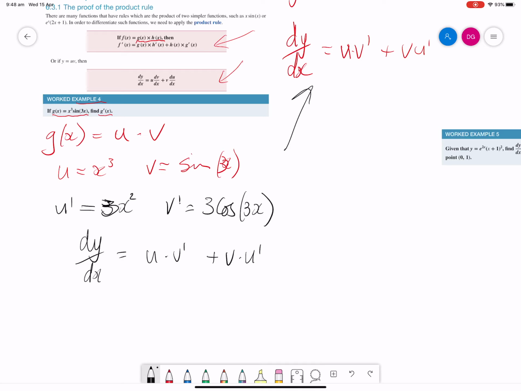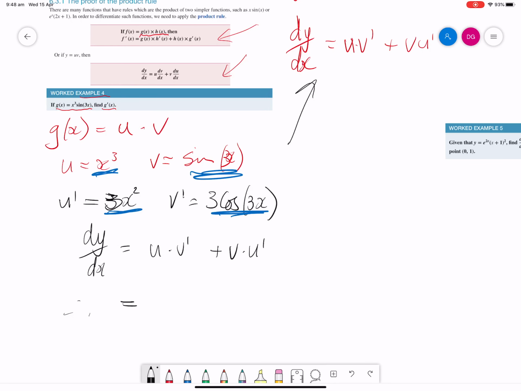Now we know all of those things. We've got u here, u dash here, v here, v dash here, so they're all the things that we need to substitute into the formula. So we've got u times v dash, which is x cubed times 3 cos 3x, plus v times u dash, so that's sine 3x times 3x squared.